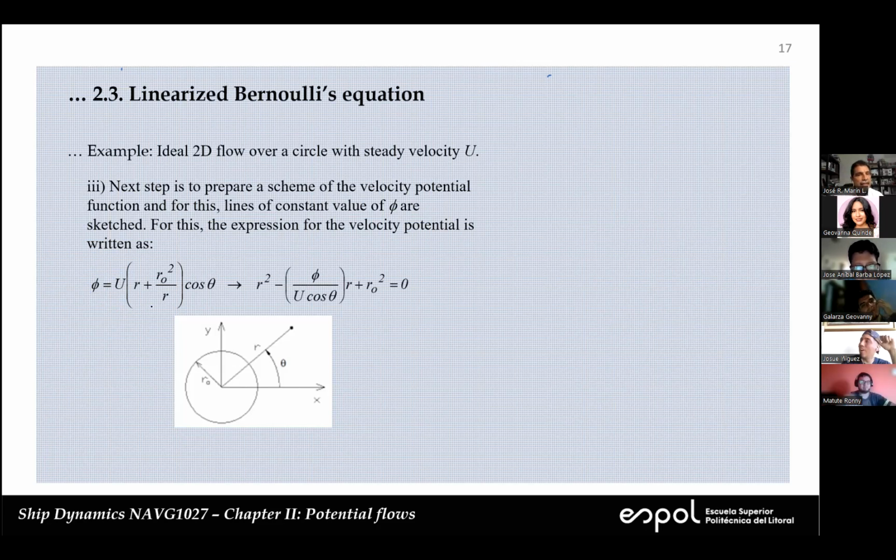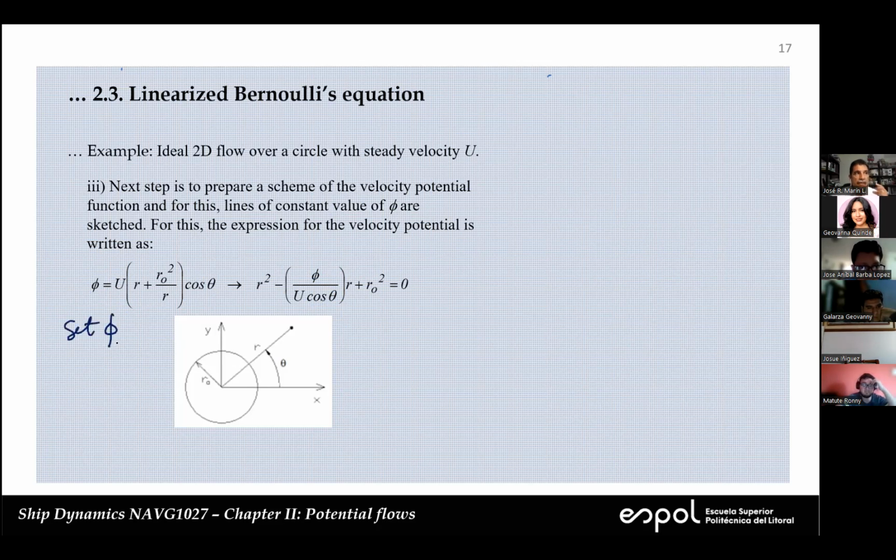I can rewrite this like this. First I fix phi, so I set phi.